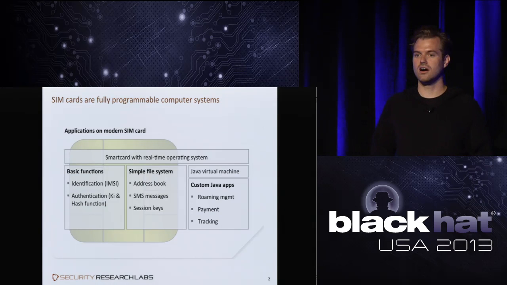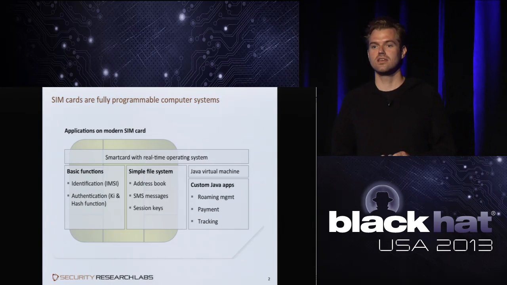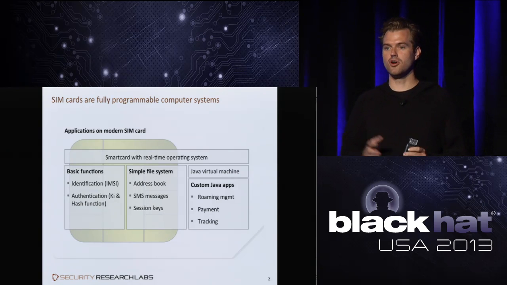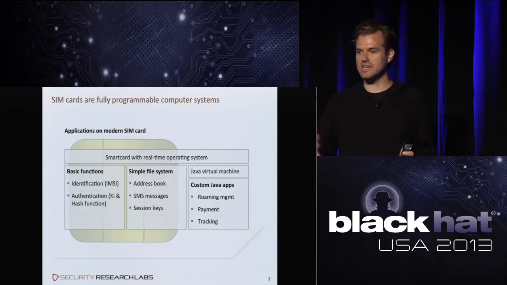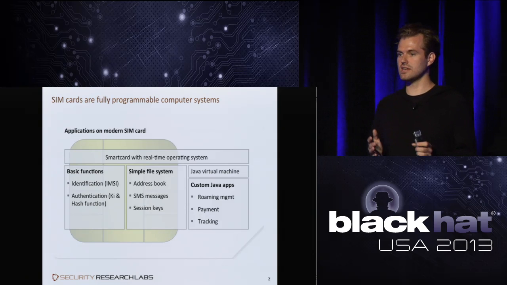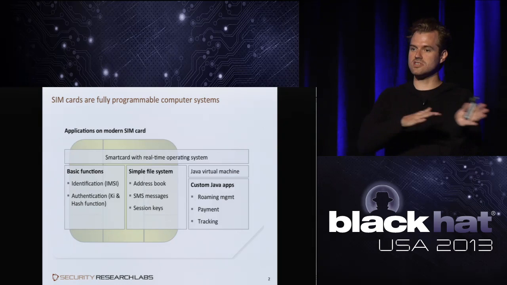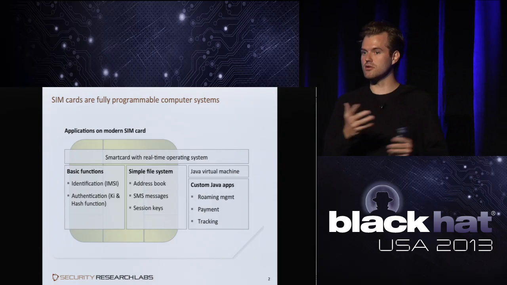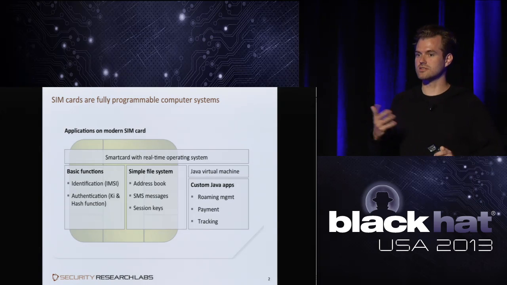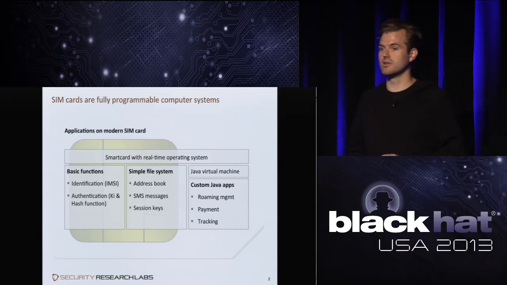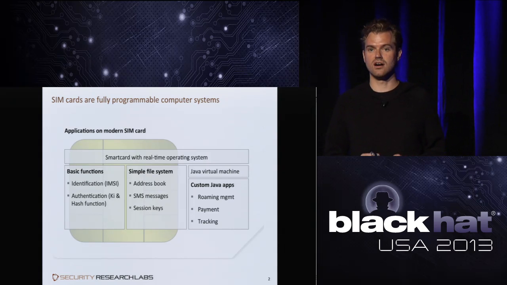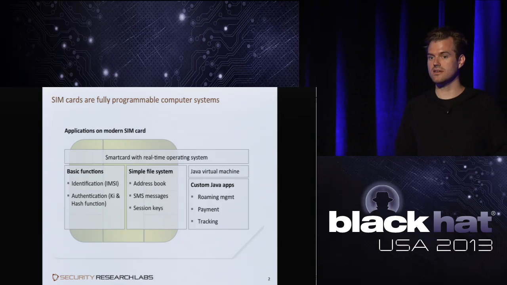Popular uses here are roaming management. That is, when you touch down in a country that you haven't been before, your operator updates a list on your SIM card that says, I prefer this network over this other because I negotiated better rates. So it has to do with revenue optimization. Also, payment applications are found on SIM cards in the developing world a lot already.